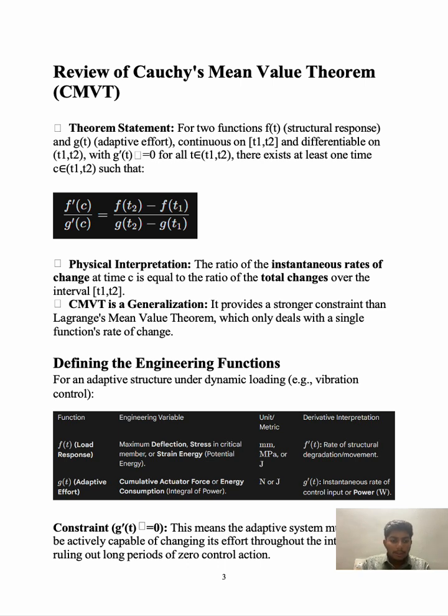G of t is the adaptive effort: cumulative actuator force or energy consumption, with unit N or J. G dash of t is the instantaneous rate of control input, or power, in W.